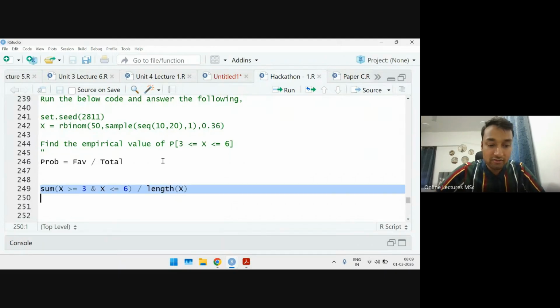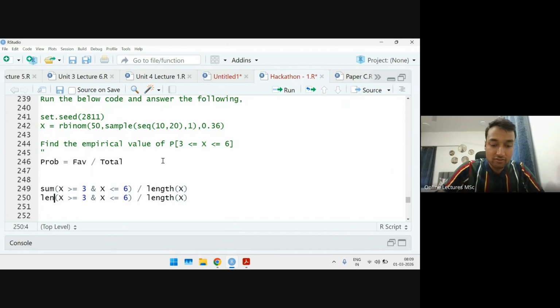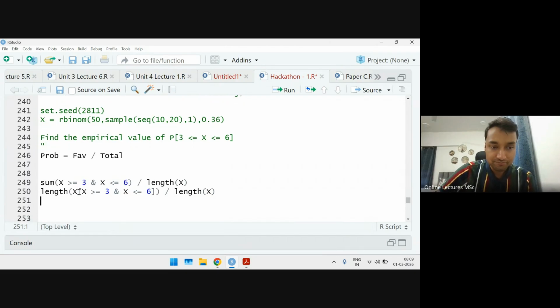Alternatively, this could also be done using the length function, in which you could have just written x with a square bracket, something like this. Technically, both of these are exactly the same. If you remember, yesterday we learned that whenever I want to filter something or take a subset, you write the data itself and put a square bracket to apply the filter, and whatever the criteria or condition is, you put that inside this bracket.